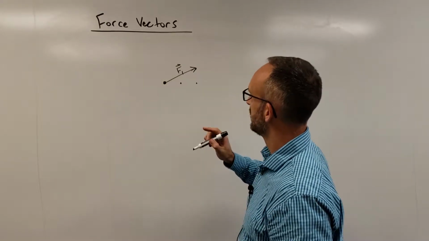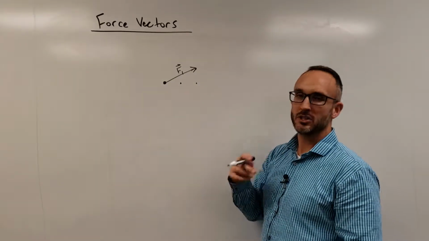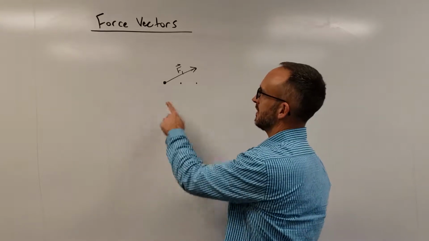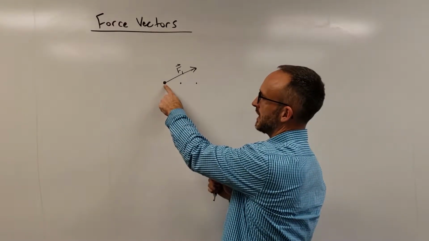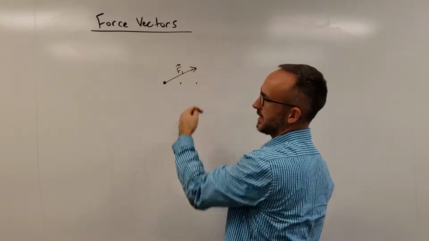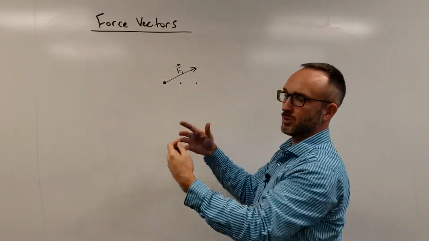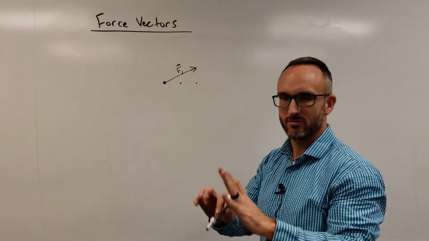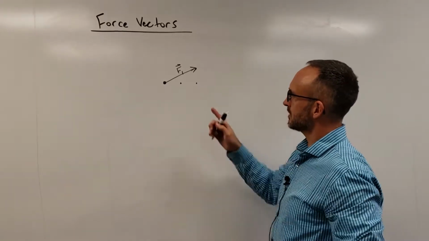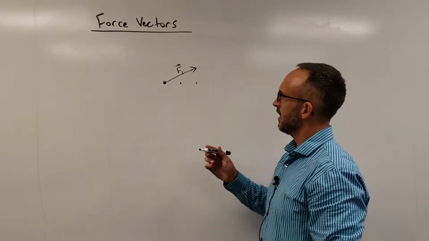Vector F sub 1 acts on that object. You can imagine what would happen if that force was applied to this object, the object would move that direction, okay? And the magnitude of this force would kind of determine how far the object goes and things like that, all right? So that's force 1.